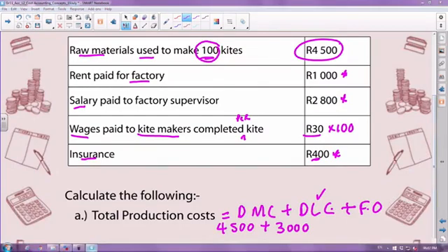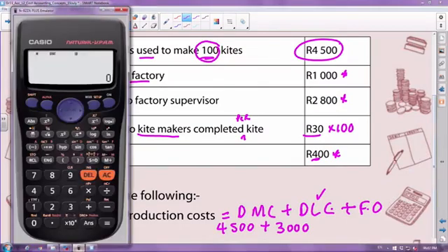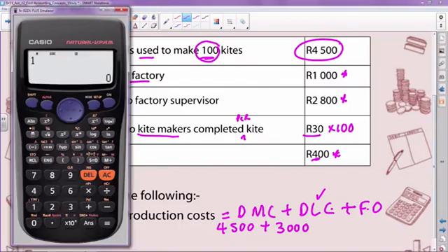Okay, so I'm just going to grab the calculator. So let's add up. Our factory overheads will be an amount of 1,000, okay, plus the 2,800, plus the 400, and that gives us an amount of 4,200.